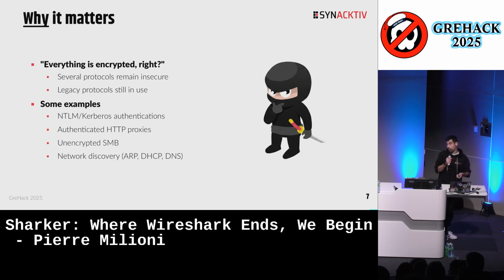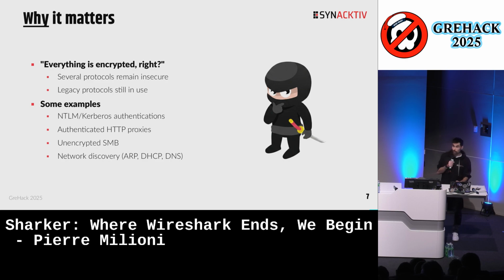Quick example, NTLM and Kerberos, especially when there isn't Kerberos armoring enforced, could lead to the compromise of credentials. You can also identify authenticated HTTP proxies that could lead to the compromise of credentials. You can also find files transiting through unencrypted SMB. So these things can be retrieved by a simple packet capture.